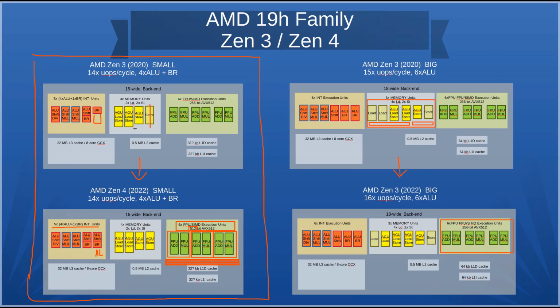Compared to this small variant, there are 2 more load pipelines, so it's a bigger variant than the Cortex actually. So yeah, I expect Zen 4 could have 4 memory units, 1 for load, 1 for store, and 2 combined.